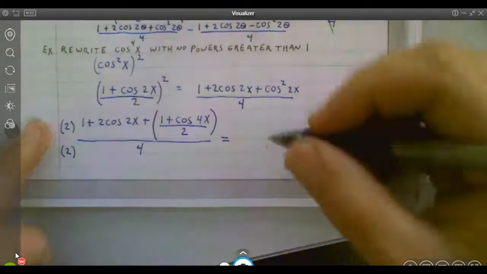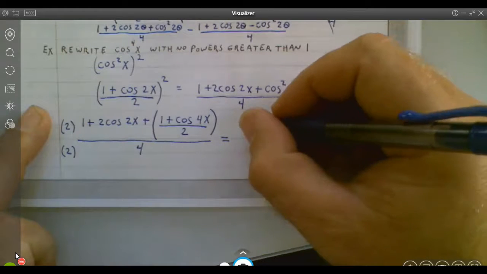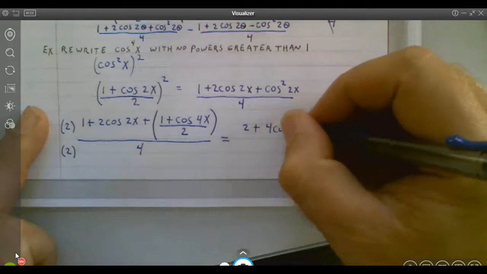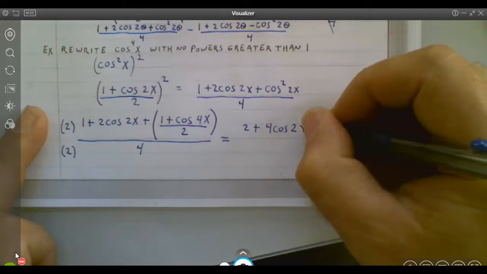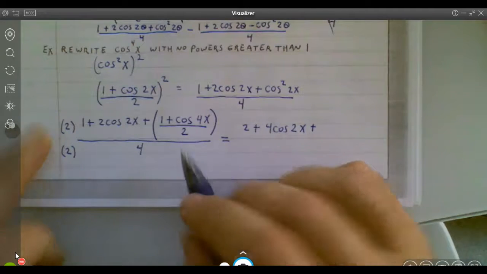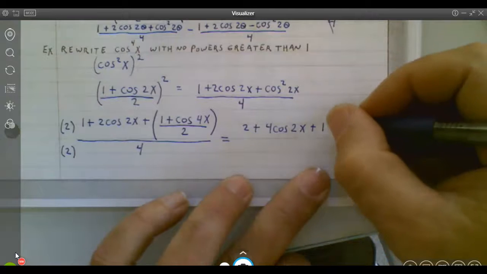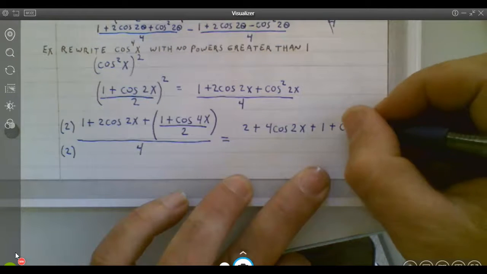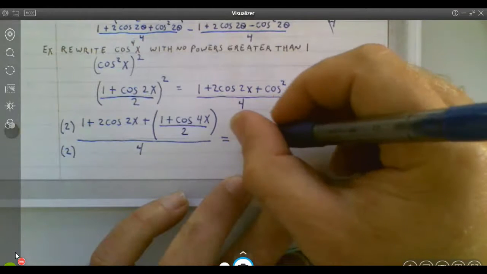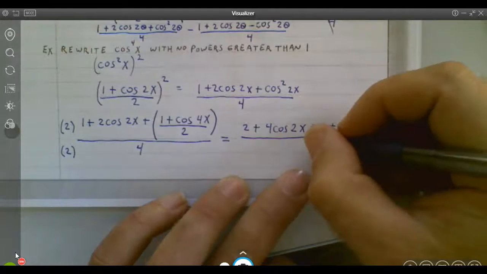So as I distribute that through the top, I'm going to get 2 plus 4 cosine 2x. Plus, and then here's where those 2's will cancel. So plus 1 plus cosine 4x. On bottom, it's over 8.